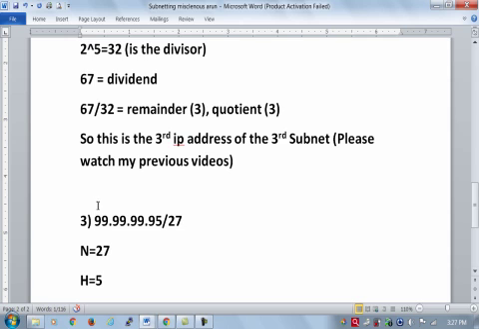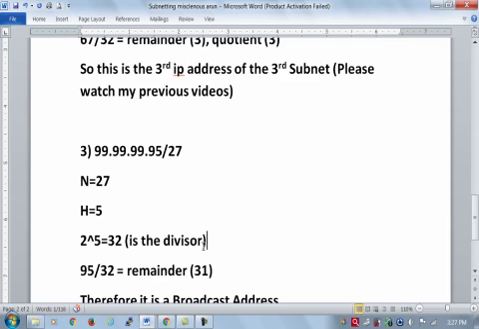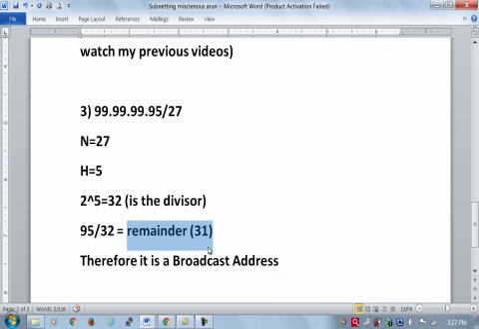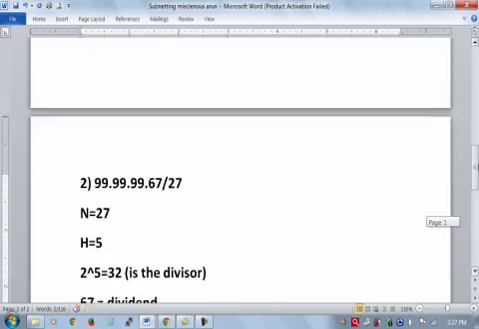Then the last one, there is an IP address which is given as 99.99.99.95/27. Again my divisor over here becomes 32 and my dividend becomes 95. So 95 divided by 32 gives me a remainder of 31.